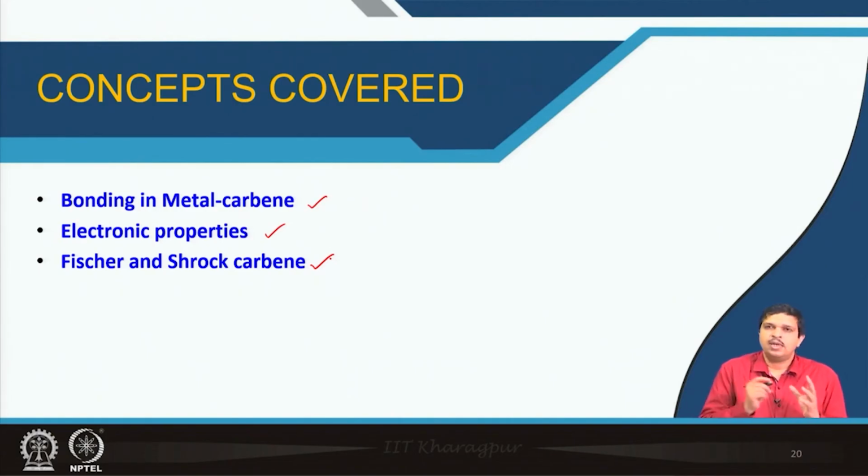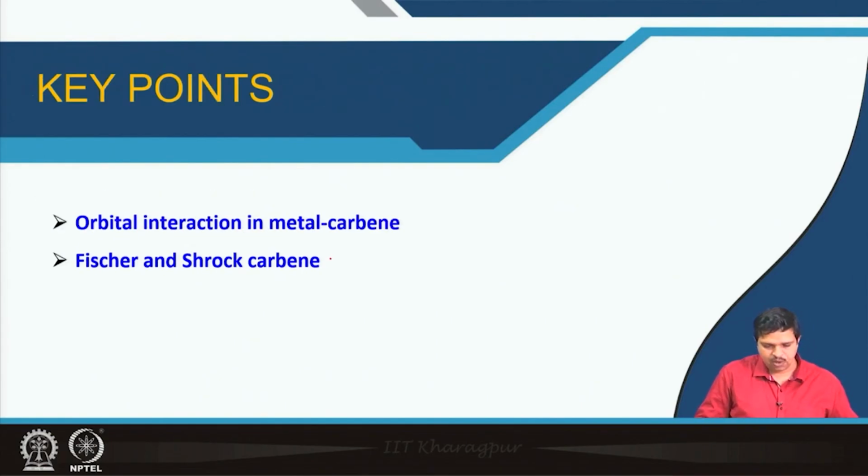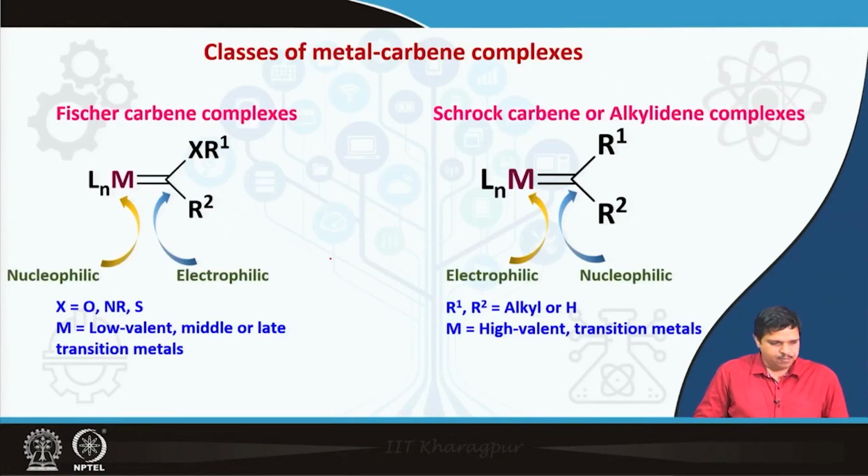As you know, electronic properties actually dictate the reactivity, so it is very important to understand the difference in electronic properties in the Fischer and Schrock carbene. That is our target today. These are the two types of metal carbene complexes.